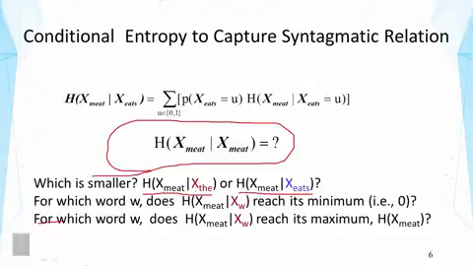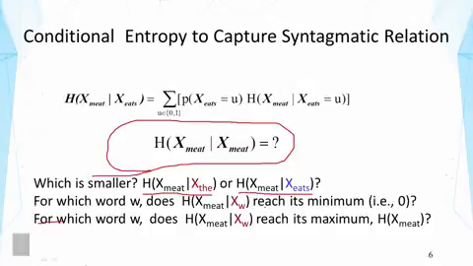Well, if you look at the uncertainty, then in the first case, the doesn't really tell us much about the meat. So knowing the occurrence of the doesn't really help us reduce the entropy that much. So it stays fairly close to the original entropy of meat. Whereas in the case of eats, eats is related to meat.